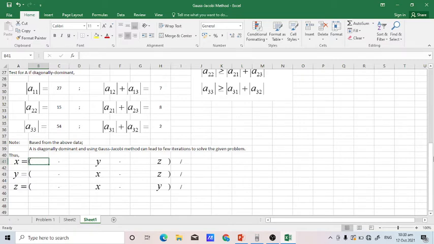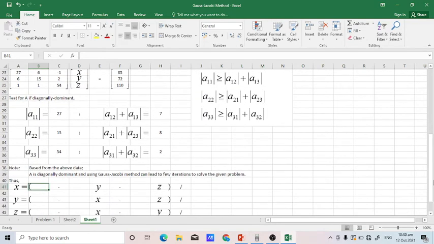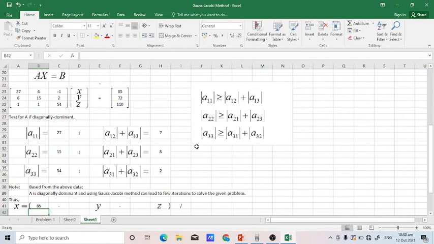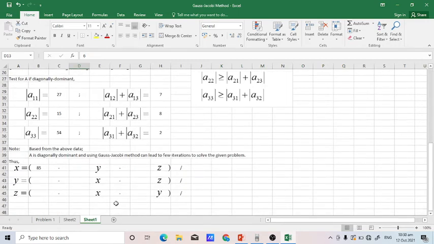Ito yung 85. Diba 85? So, equals 85. Ayan. Minus yung dito. Minus 6y. So, dapat equals natin dyan.